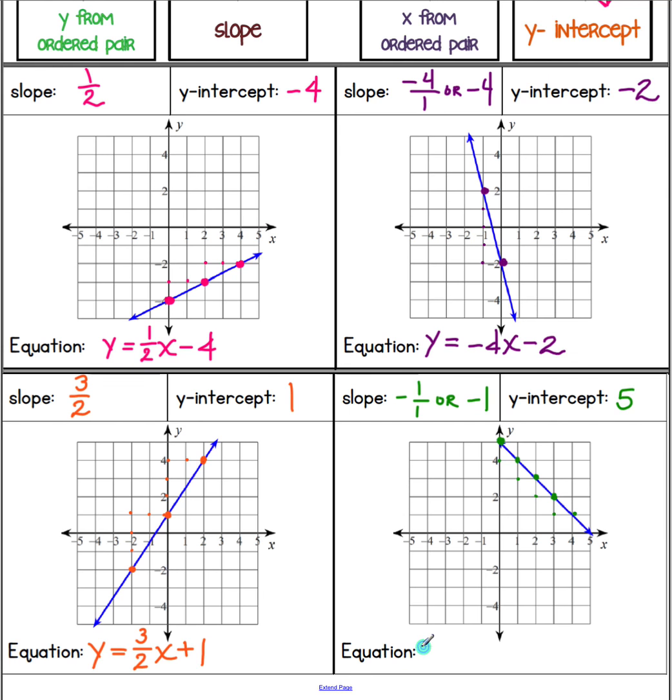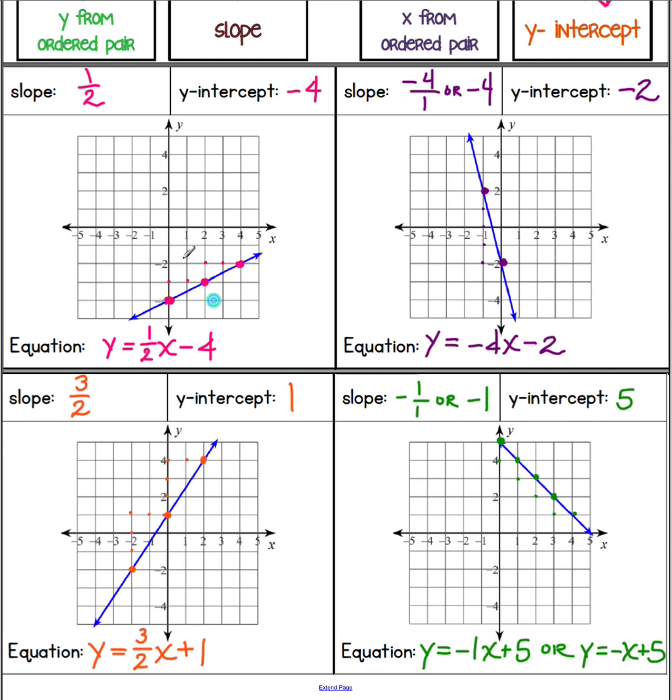So when we write this as an equation, we could write y equals negative 1x, and our y-intercept is positive 5. Or we don't necessarily need the 1 there. We could just say y equals negative x plus 5, and that implies that there's a negative 1 there. Either way would work, and you should be comfortable seeing it both ways, because depending on how equations are written, we need to recognize that it means the same thing.